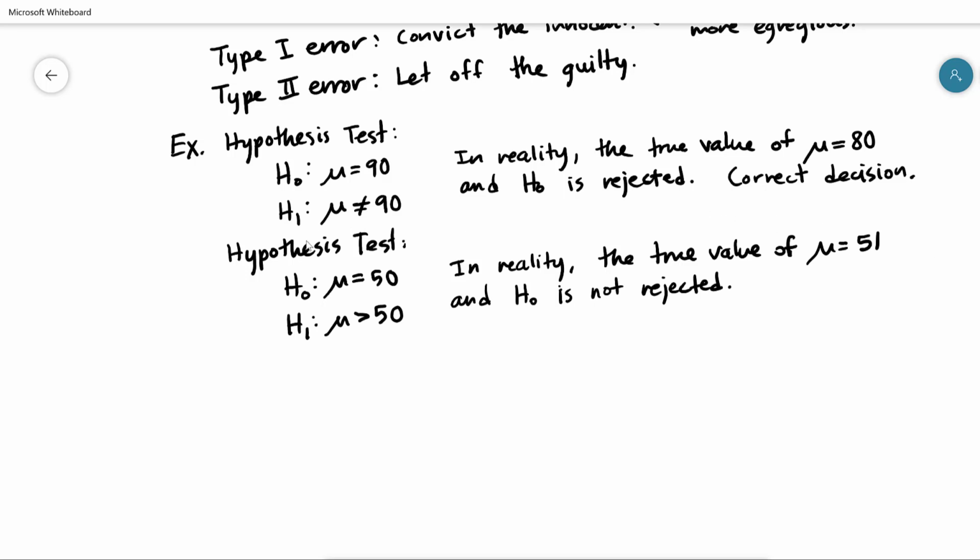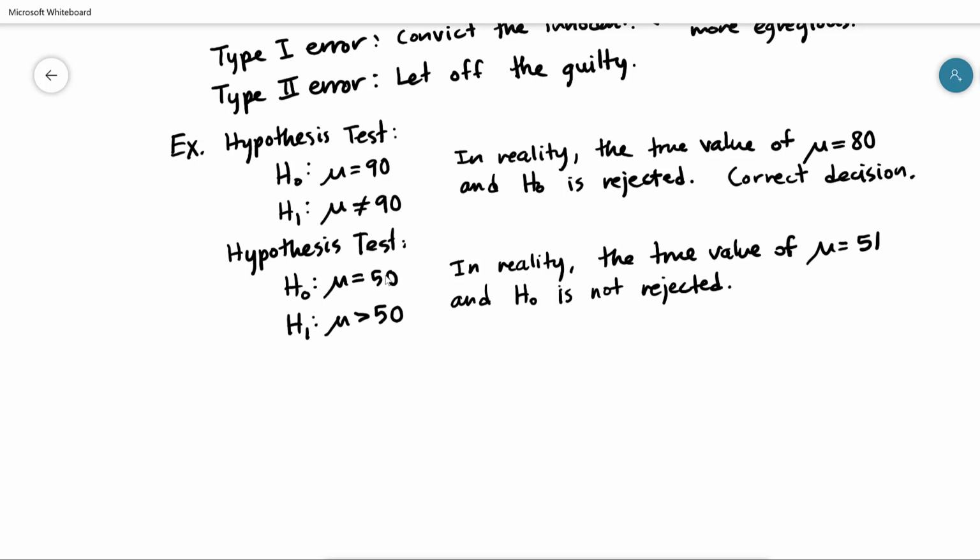Well, in this case, our null hypothesis is that mu is equal to 50, but the reality of the situation is that mu was actually equal to 51. So H naught was not true. But what did we do? We didn't reject it. We said, hey, H naught may be true, and we were wrong. So this is an incorrect decision. It's an error.